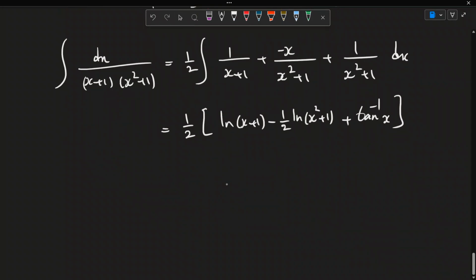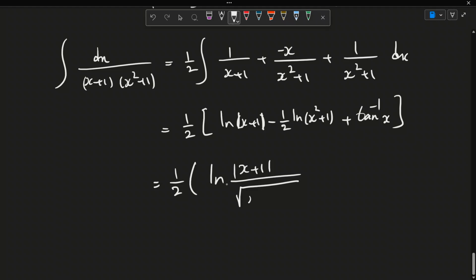We can simplify the first term here. Ln a minus ln b is ln a over b. Because we want to find the limit, it's better to simplify. Here we have ln of x plus 1 divided by, this 1/2 goes to the power here, and we have root x squared plus 1, and tan inverse x.